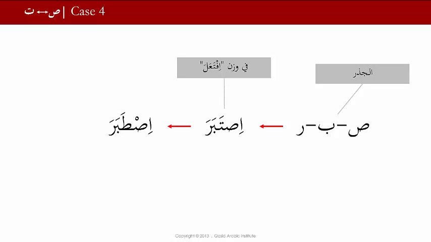So the ta turns into a ta because the sad has an emphatic sound, which is difficult to pronounce with the ta. So we get istabara. The actual root is sad, ba, ra, and the ta here, which is part of the pattern, ifta'ala, turns into a ta. Istabara.